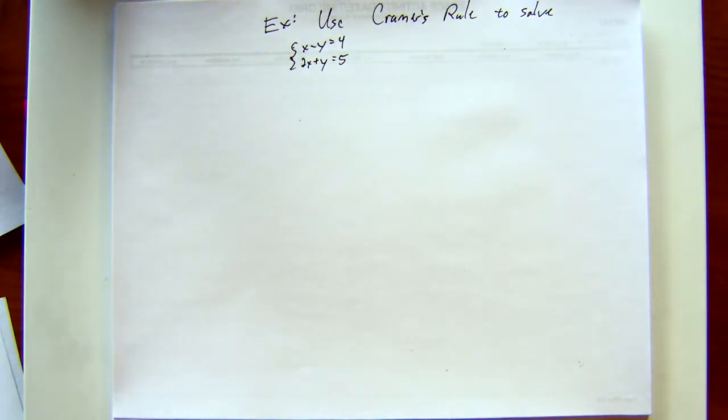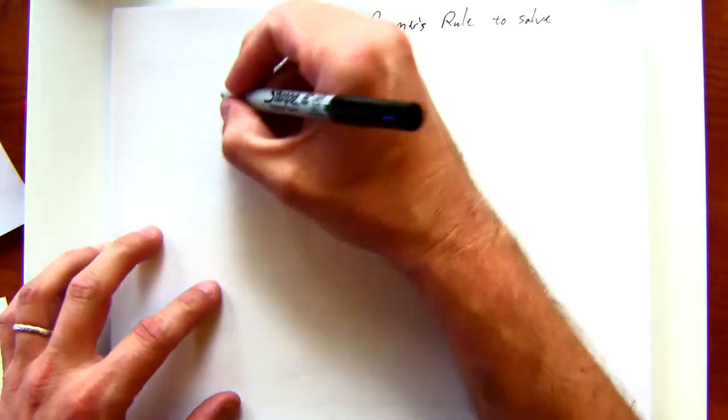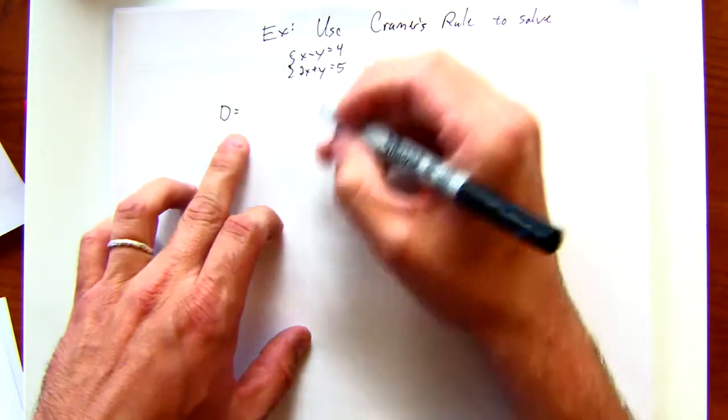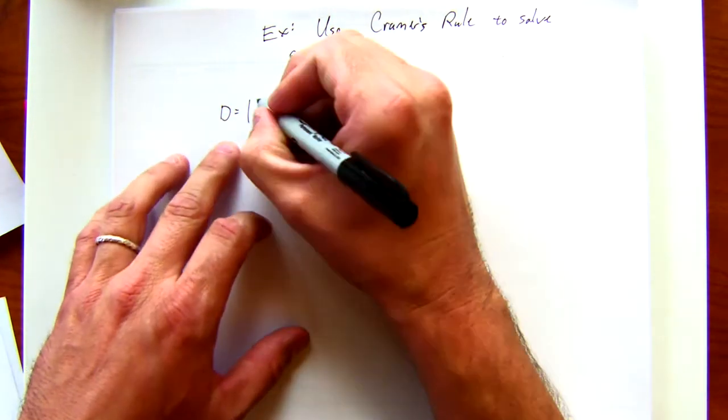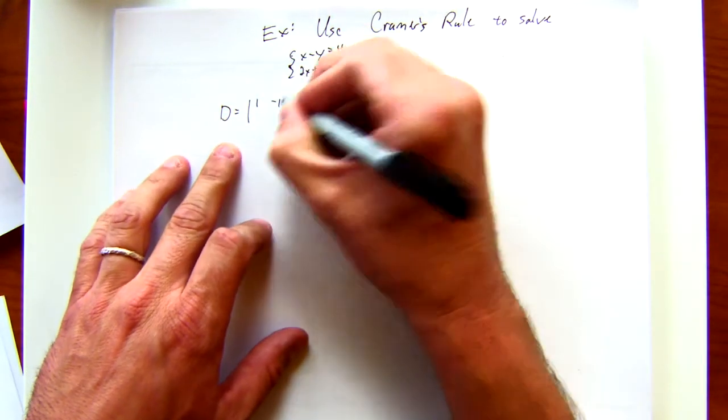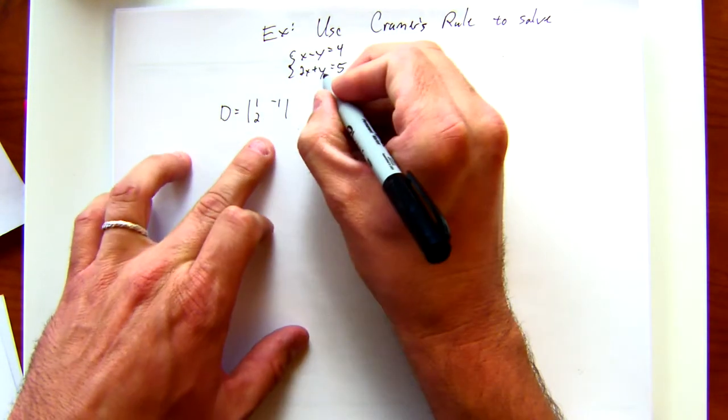So what's my big D in that case? The first thing we want to do is just calculate big D. Remember, that's just the coefficients of your variables: 1, -1, 2, and then another 1.